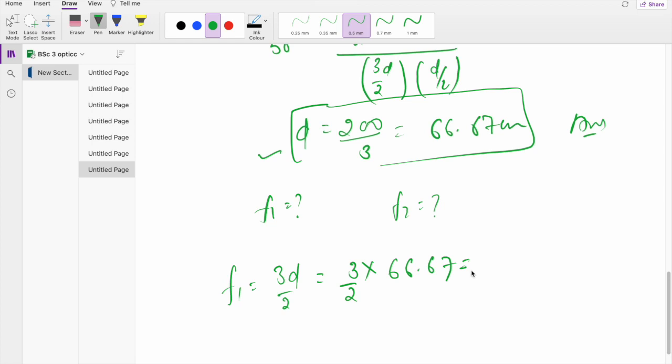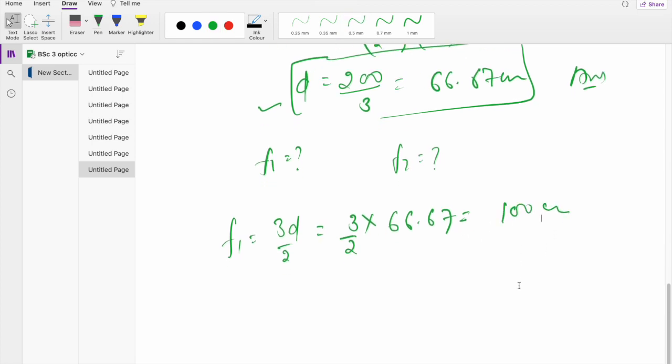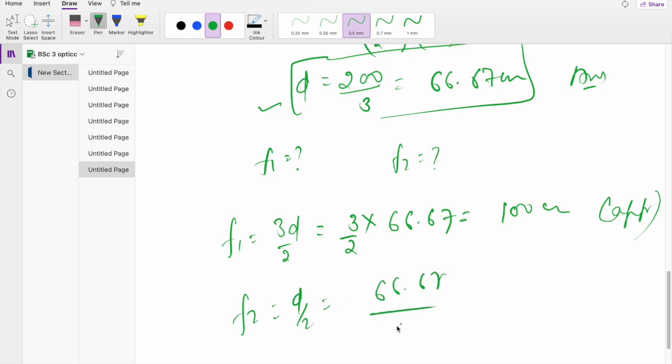Just multiply that; it is approximately 100 centimeter. f2 is just d upon 2, which is 66.67 upon 2, approximately 33.3 centimeter. So we have calculated d, f1 and f2.